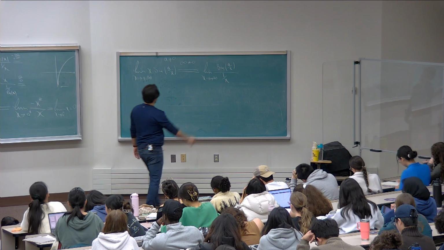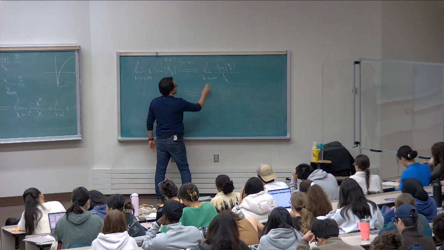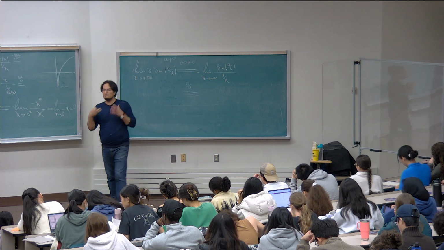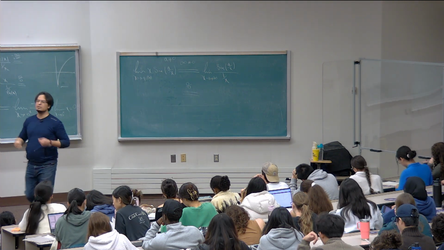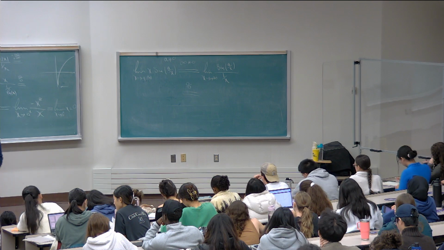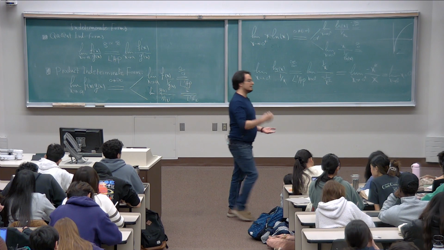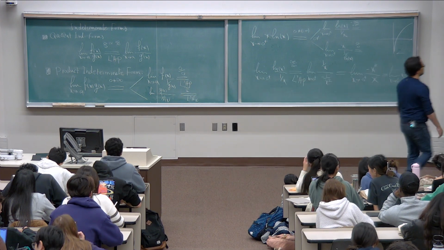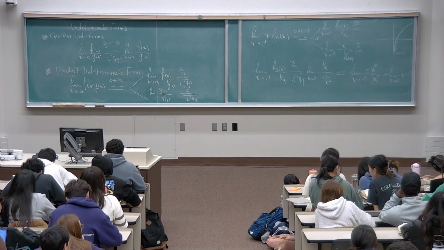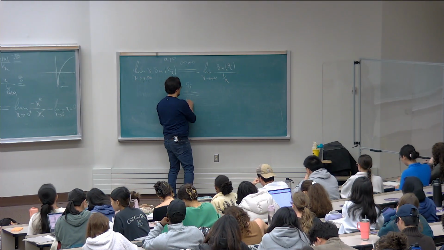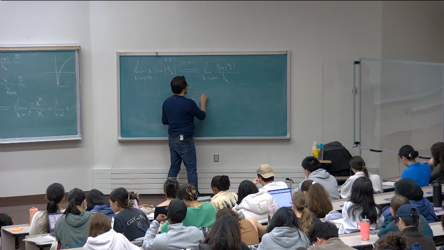And now you see that this is 0 over 0. These steps are important. You're reporting to your grader, the person who's reading your solution, at each step, what is happening. My new limit is now not a product indeterminate form. It is a quotient indeterminate form. So I'm allowed to use L'Hopital.